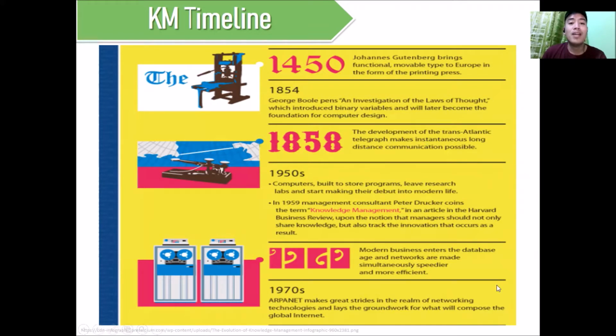So there was already a line of communication during these years. In the 1950s, computers built to store programs leave research labs and start making their debut into modern life. That's where our modern life started.